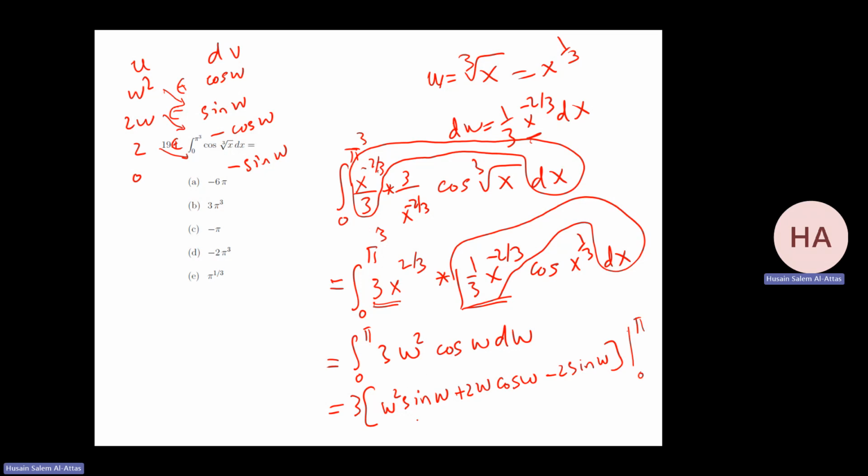When I substitute pi, sine pi is 0, cosine pi is minus 1, so that will be 0 minus 2 pi minus 0. And with 0, everything will be 0. So that will be minus 6 pi, which is this one.